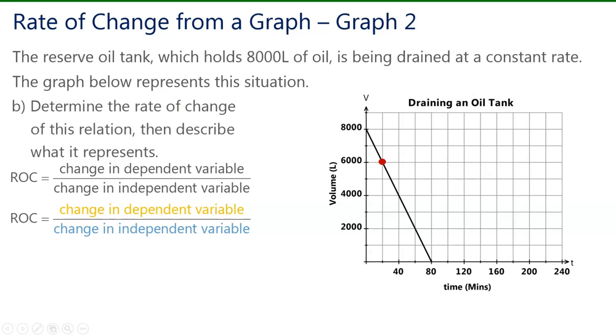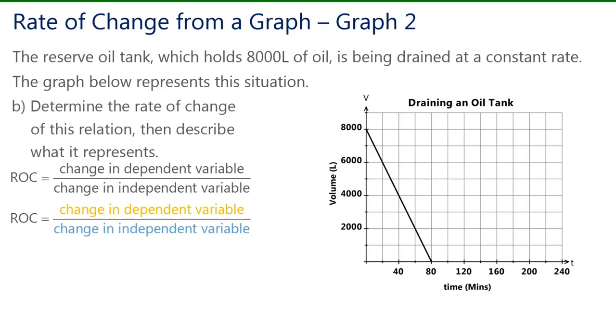Or we could have used these 2 points. The vertical change would be negative 2,000 liters. The horizontal change would be positive 20 minutes, giving us a rate of change of negative 2,000 liters divided by 20 minutes, which can be simplified to negative 100 liters per minute, the same rate.